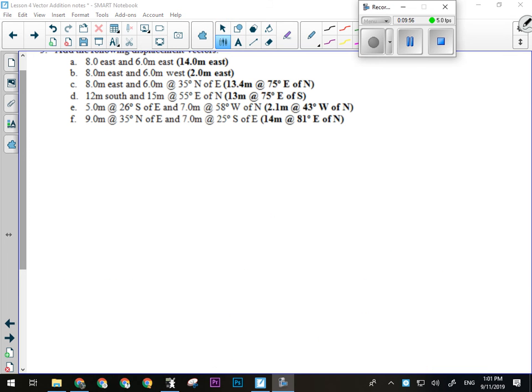Okay, let's have a look at what the diagram, at least for E, is going to look like. Our first vector is 5 meters long, 26 degrees south of east. So I'm going to start here in the middle. I'm going to draw my reference line east. I'm going to go 26 degrees south of that. Here's X, here's 26 degrees, here's Y, and this is 5.0 meters.